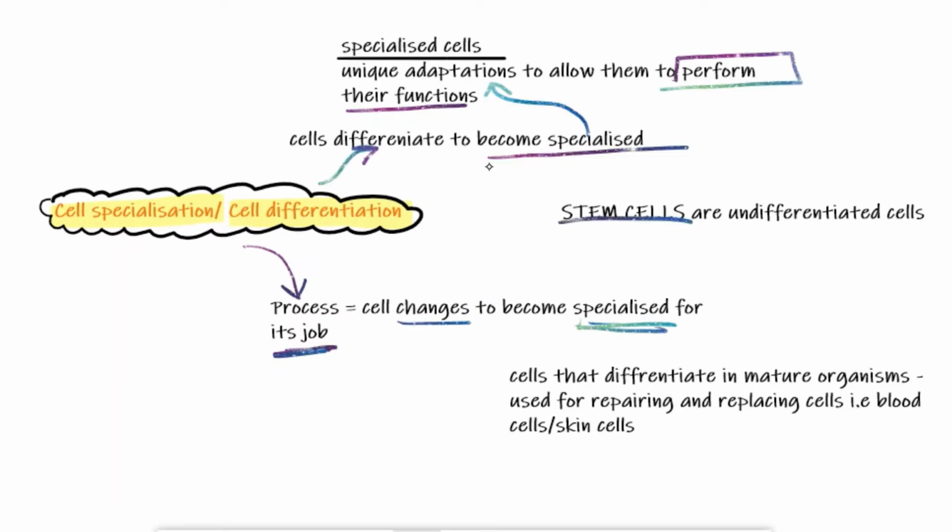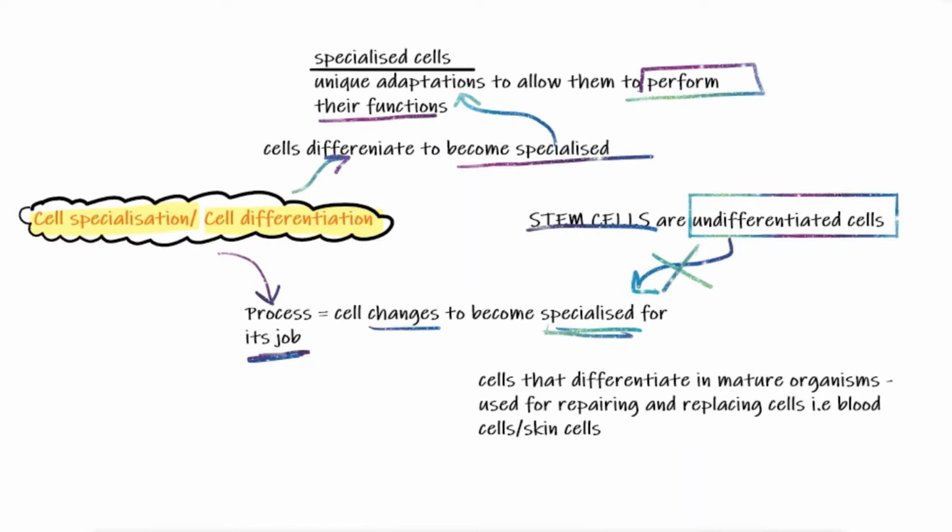Stem cells are undifferentiated cells. That means that they are not specialised cells. Cells that differentiate in mature organisms are used for repairing and replacing cells, such as blood cells and skin cells.